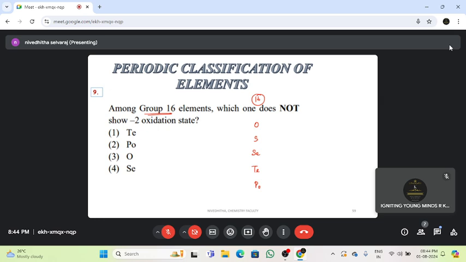To show minus 2 oxidation state, that element has to gain 2 electrons, right? So to gain 2 electrons, that element should have high effective nuclear charge, right? But as we move down the group, effective nuclear charge decreases, right? So based on this concept, tell me the answer. Which will not gain 2 electrons then?